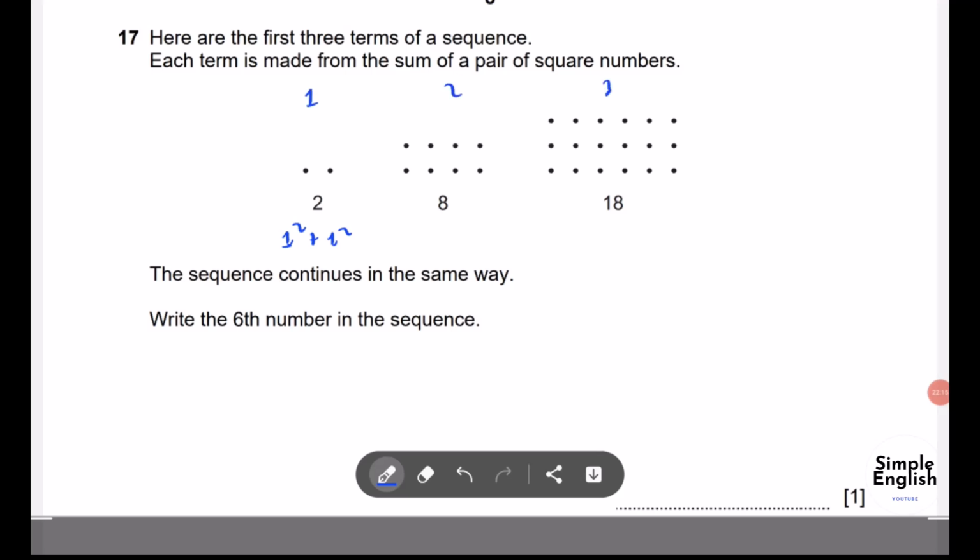The third term is 3 squared plus 3 squared. And then we continue to the sixth term. They need us to write the sixth term, right? So the sixth term must be 6 squared plus 6 squared, which is equal to 72.